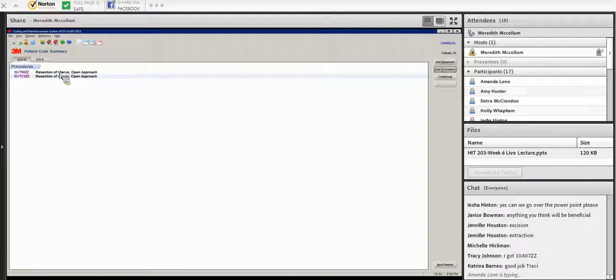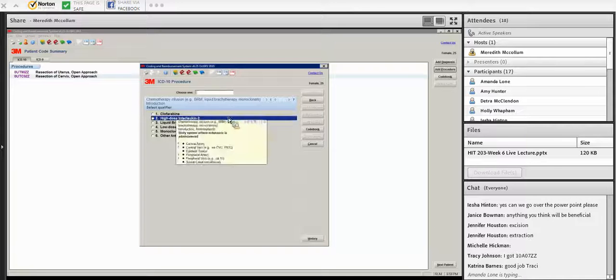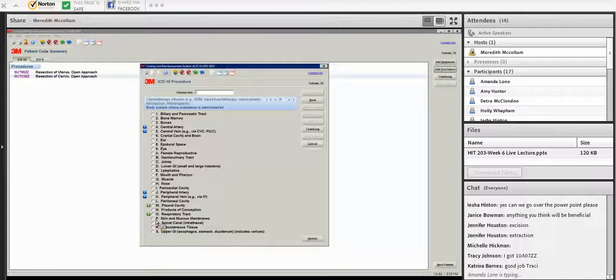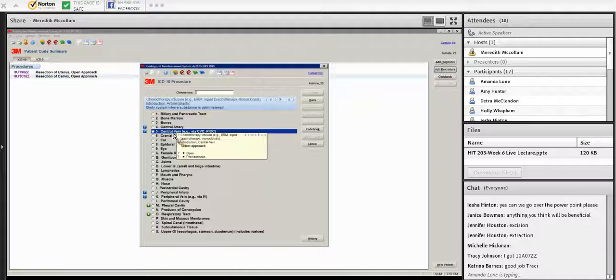So we have the resection of the uterus, the resection of the cervix. Then we have that they did chemotherapy. Chemotherapy infusion. We don't know what it is. It's going to be the central vein.